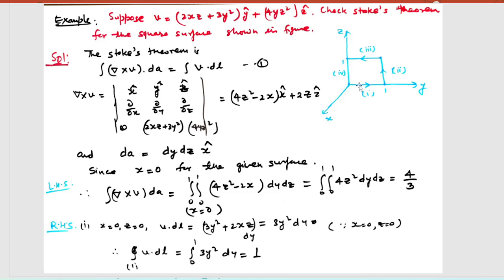For the first path we are going in the dy direction, so the dl vector will be dy into j cap. So B dot dl in this case will be (2xz plus 3y square) dy. If we put the limit on y, because x equal to 0 and z equal to 0, the only variation is in the y direction, so 3y square dy, and the limit is 0 to 1, so it is 1.